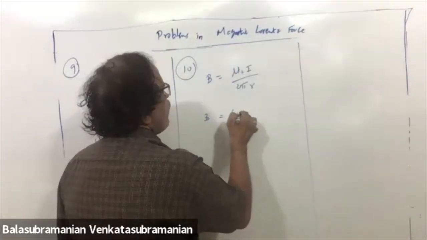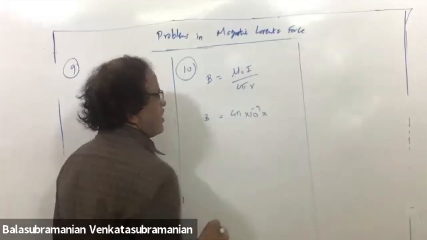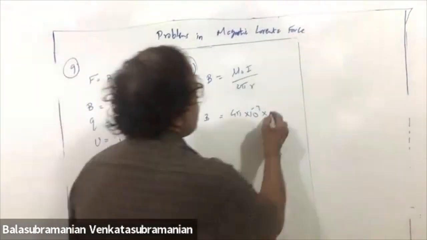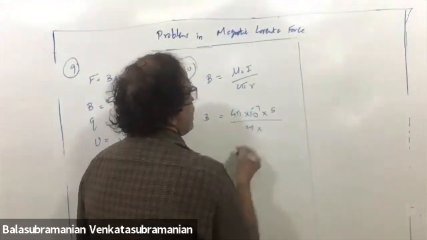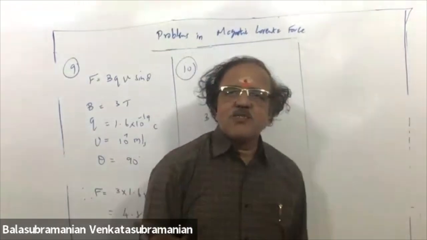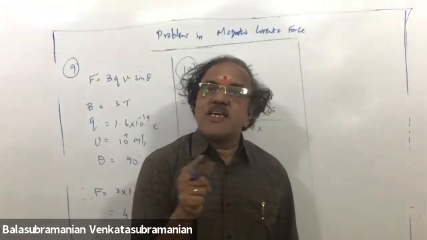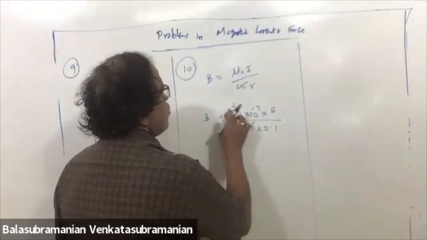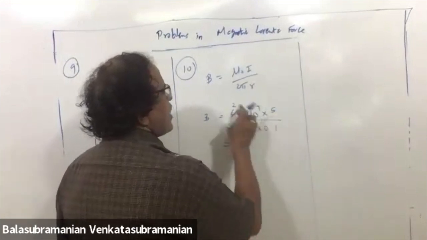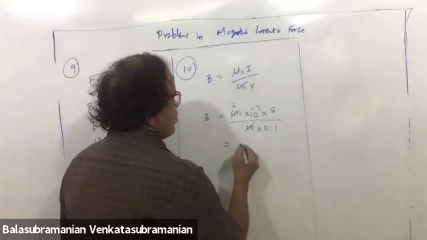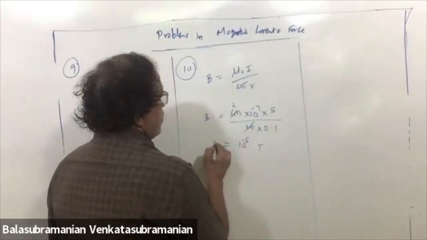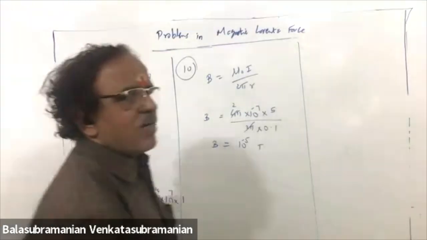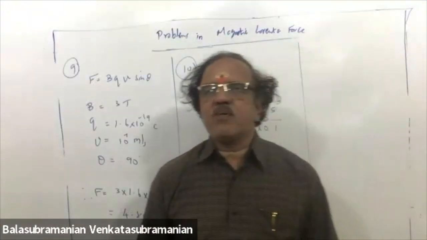Mu naught value is 4 pi into 10 power minus 7, current 5 ampere, perpendicular distance of 10 centimeter, that is 0.1 meter. So from the calculation, we get the answer 10 power minus 5 Tesla.